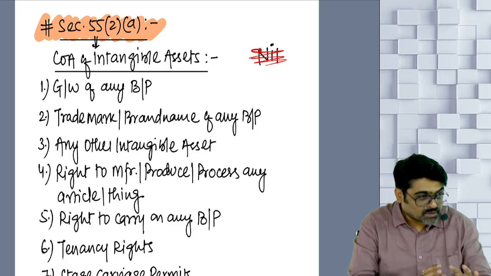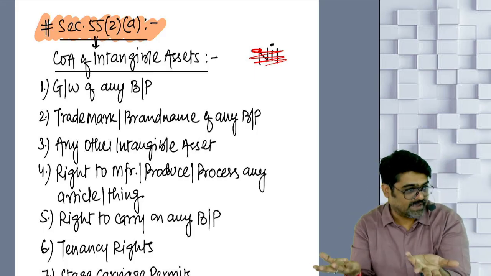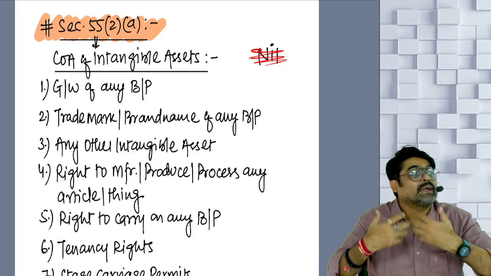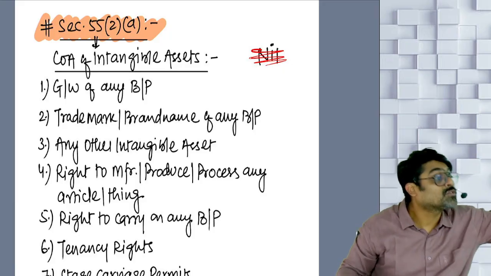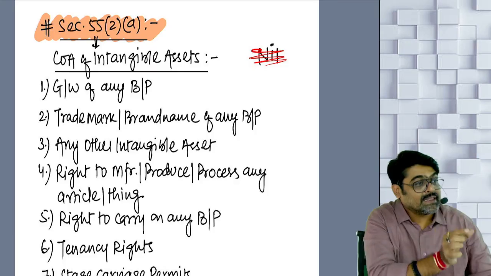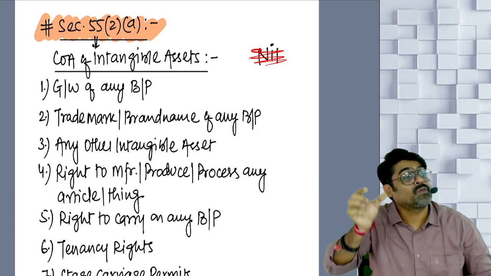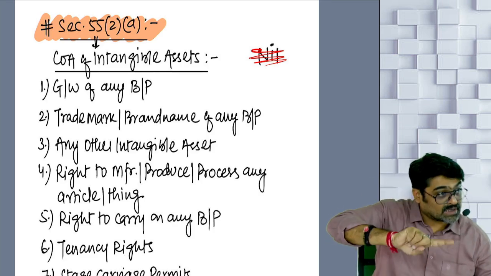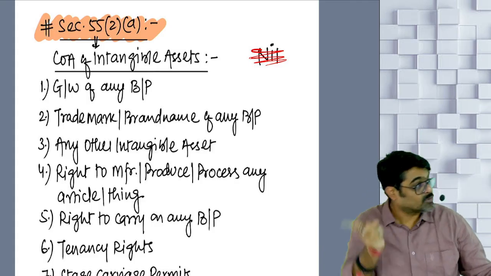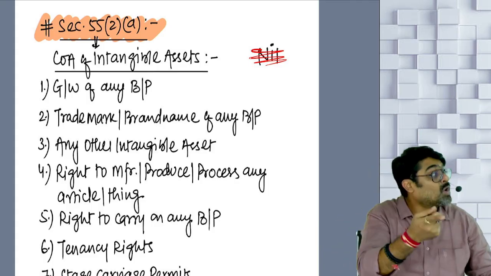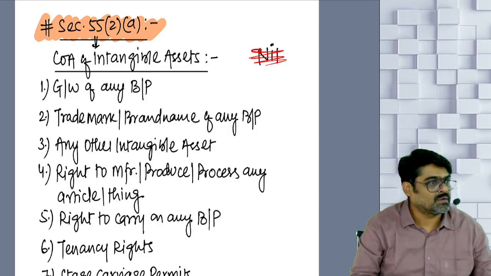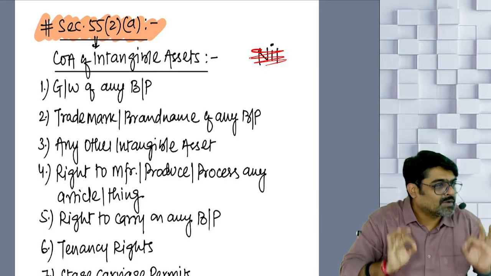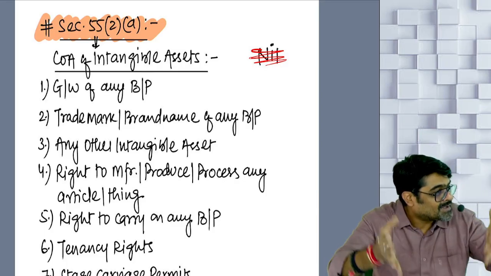If the cost of acquisition cannot be determined and there is no method with which it can be determined, and the law is also silent about that cost, then in the absence of cost of acquisition, capital gain cannot be calculated. Hence, no tax is required to be paid by the assessee.